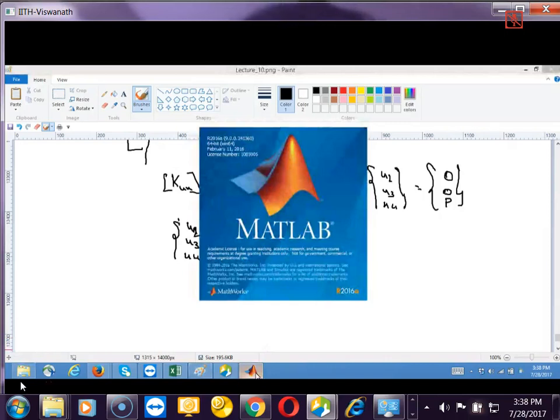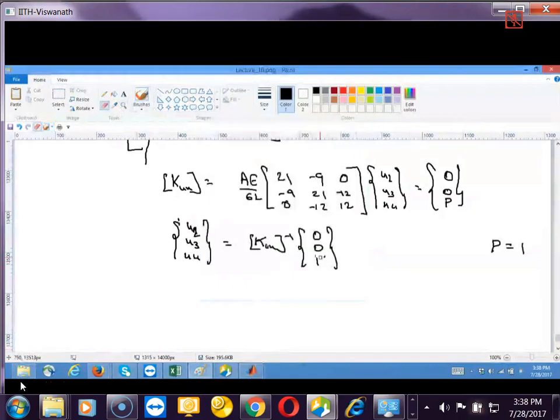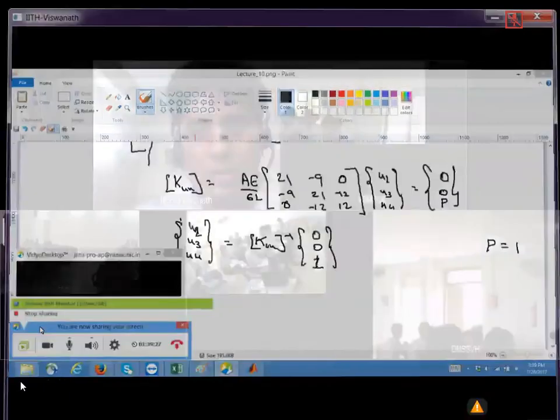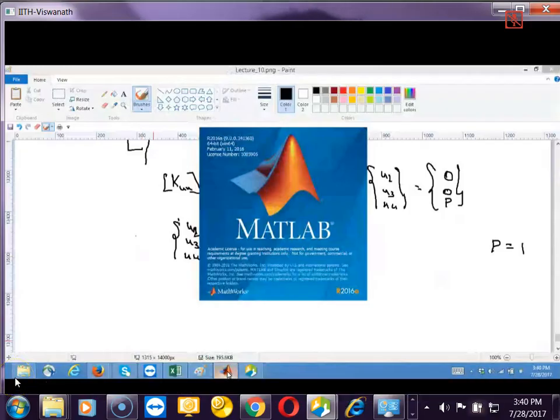Let's assume capital P is equal to 1, then I will just make this so we will get our solution back. Meanwhile, if you have any questions, I can entertain them.